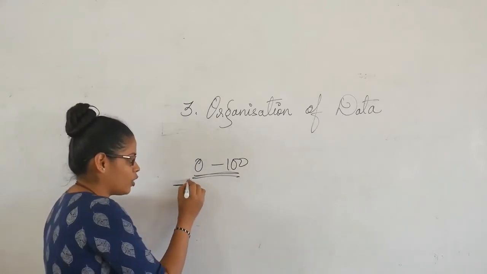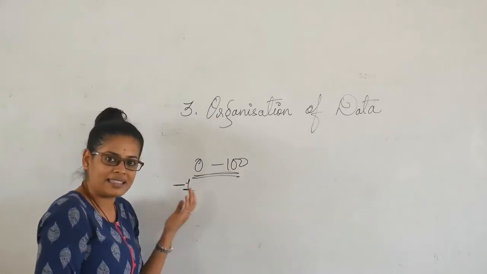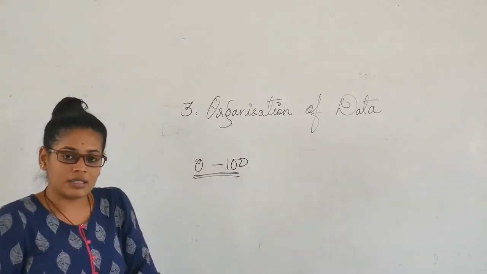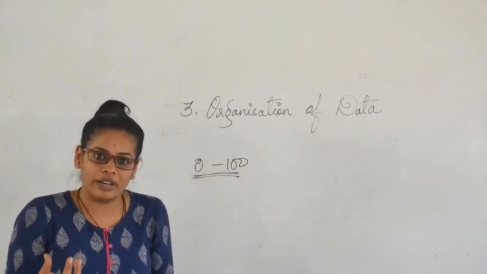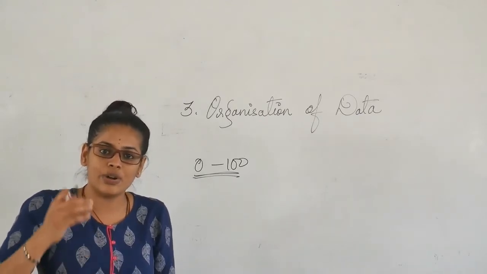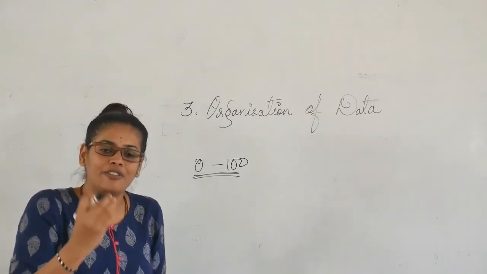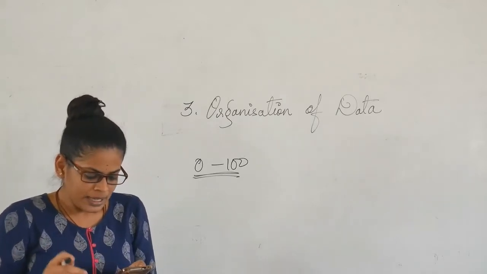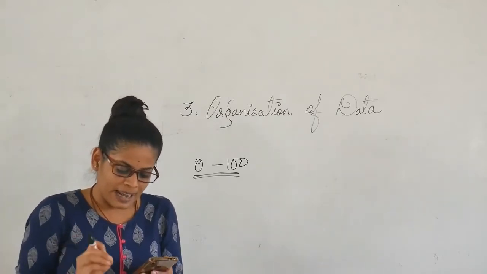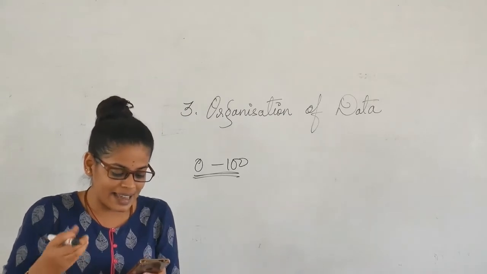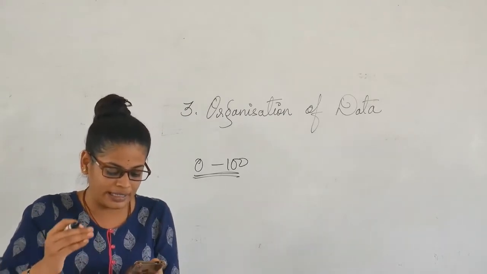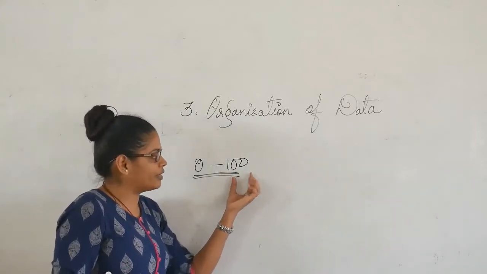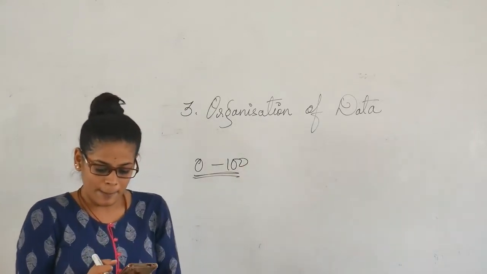And can we score in the minus? No, so 0 will be the minimum. When we know our raw data, it becomes easy for us to decide our lower class limit. Similarly, for the upper class limit of the last class, we could have chosen a value greater than the maximum.